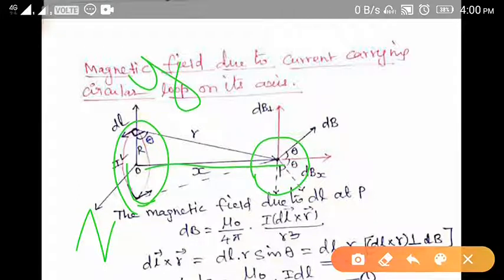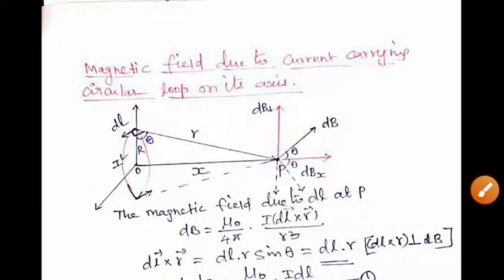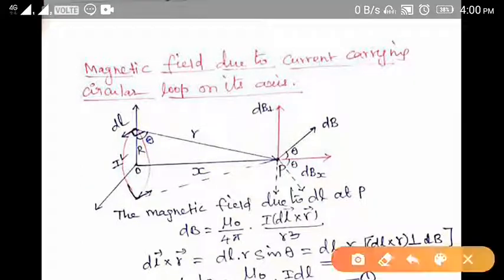In order to find the magnetic field due to the current carrying circular loop, we have to choose a small element on the coil, consider the magnetic field due to that small element at point P, and thereafter integrate throughout the coil.